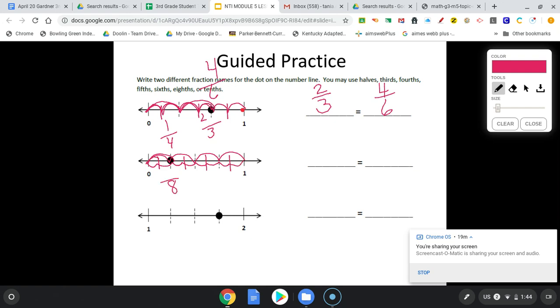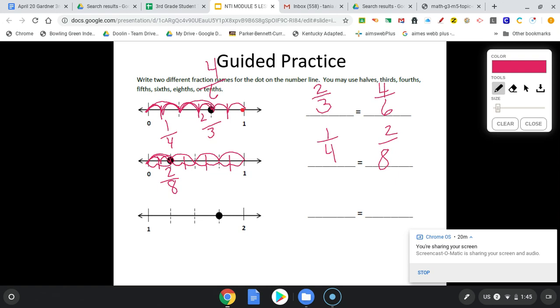So we would go 1/8, 2/8. So 1/4 is equivalent to 2/8. Okay, boys and girls, we are on this today. We are doing a great job. I love the way that each one of you is working so hard on this.